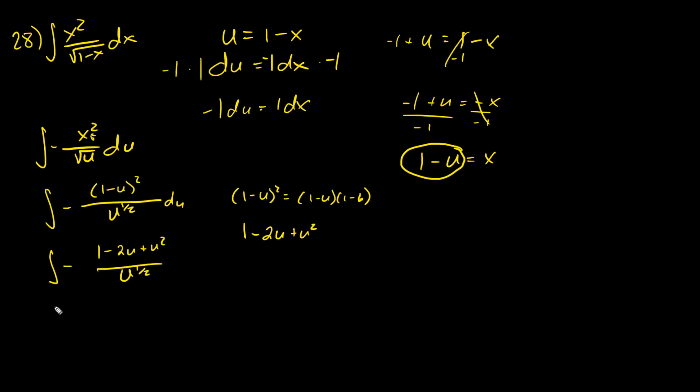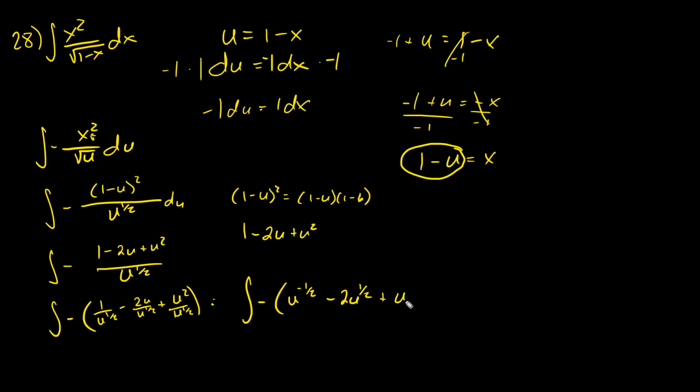In this case, I rewrite this as negative 1 over u to the 1/2 minus 2u over u to the 1/2 plus u squared over u to the 1/2. So I basically divide each of these by u to the 1/2. And if you remember, when you divide by variables, you subtract their exponents. So this becomes the integral of negative u to the negative 1/2 minus 2u to the 1/2 plus u to the 3/2 du. Keep writing the du here.